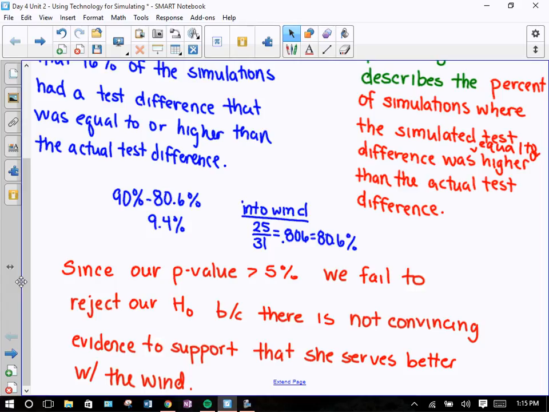Yes, it's still part of the law. We fail to reject our null hypothesis because there is not convincing evidence to support that she serves better with the wind. Want to write it down?